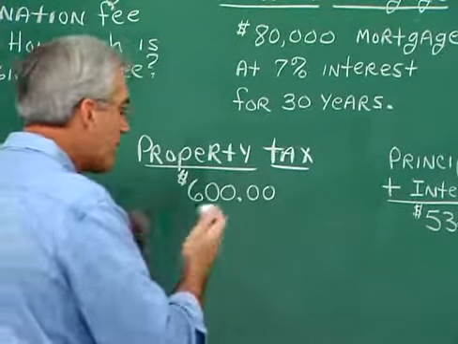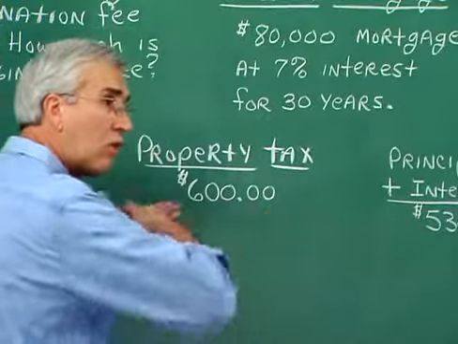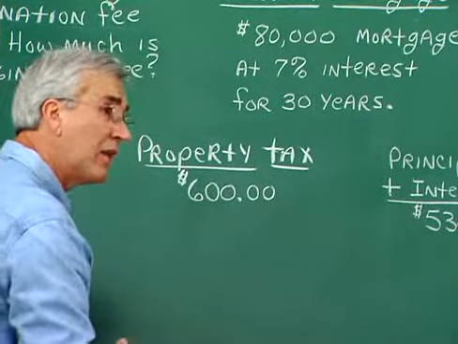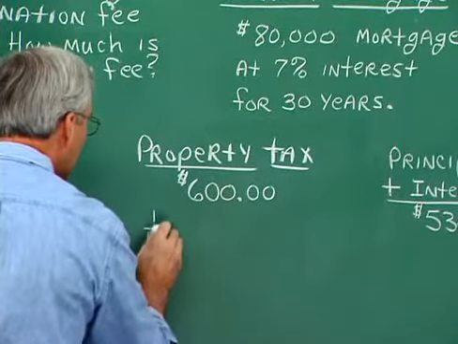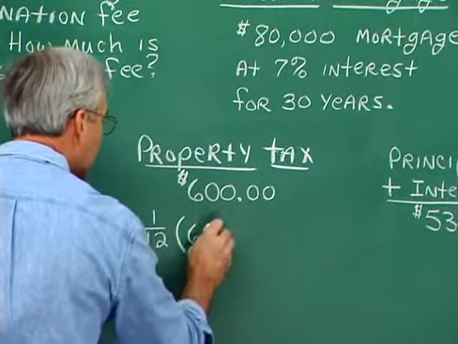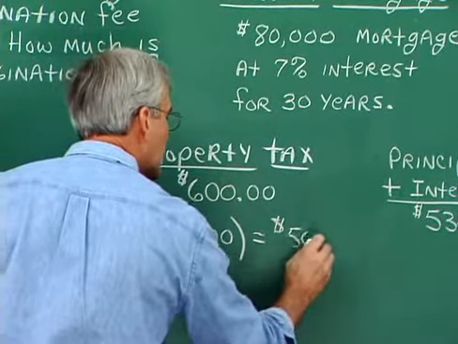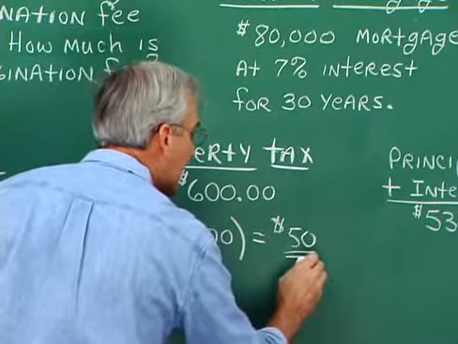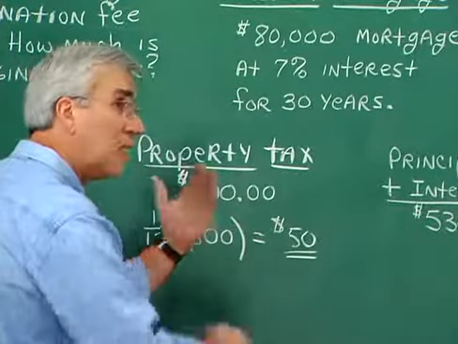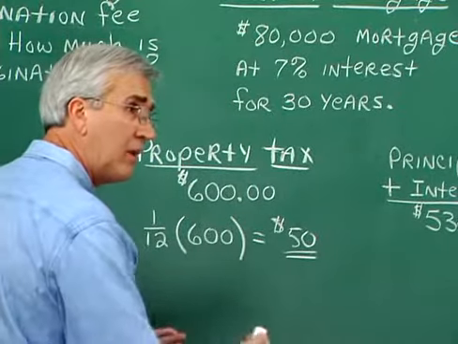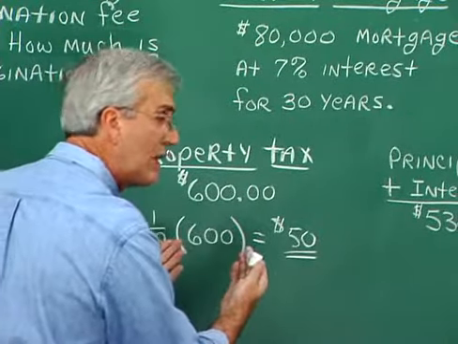Now, in order for the bank to collect this amount of money over the course of an entire year, they would collect 1/12 of it each month. And 1/12 of 600 is $50. So they're going to add $50 to the monthly payment in order to collect this every month, at least for the first year. It might change.